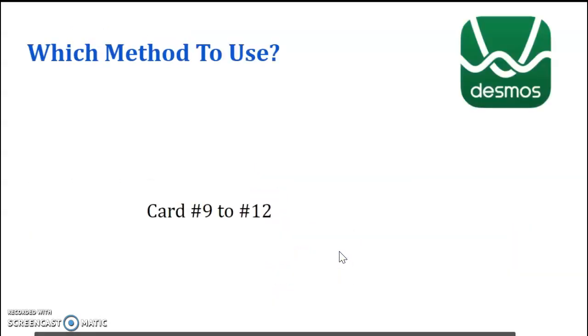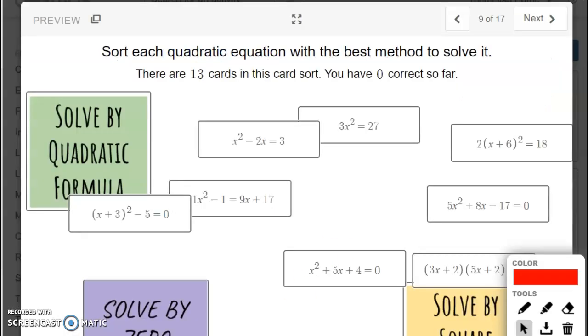So with that, you're going to be working on cards number 9 to 12 of Desmos. Card number 9 is a card sort, where you are grouping the different equations with the different solving methods. Alright, so when I have 3x squared is equal to 27, I know that I can divide both sides by 3, and I'm going to be left with something squared is equal to 9.